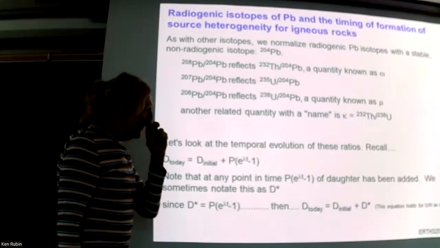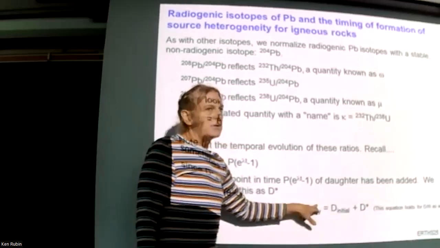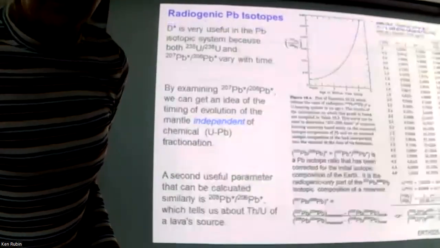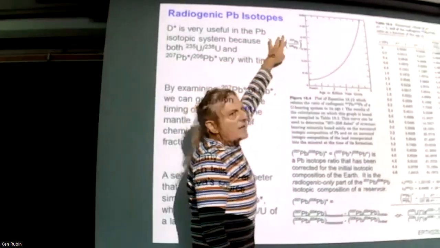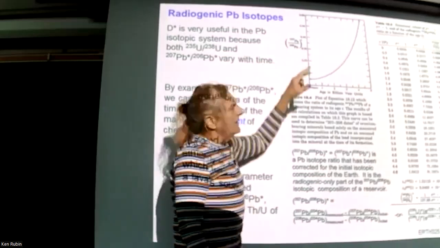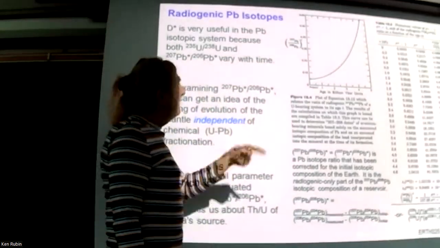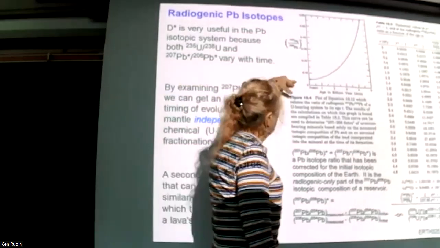D star is always going to be D today minus D initial. Just pull this over. And so that's what we're looking at on this next diagram. It's the evolution of the starred value for the kind of lead that comes from uranium-235 and the kind of lead that comes from uranium-238. There's only one single unique value here for a material with a single uranium-lead ratio, and it follows along this line.